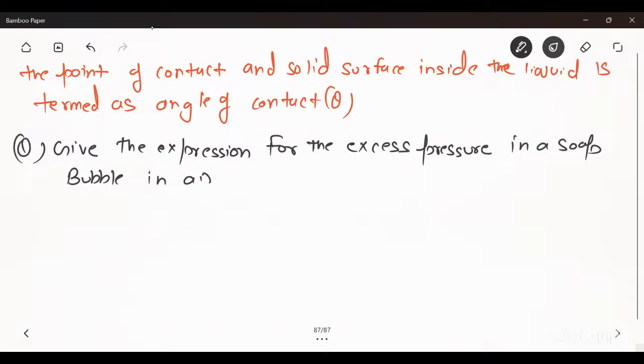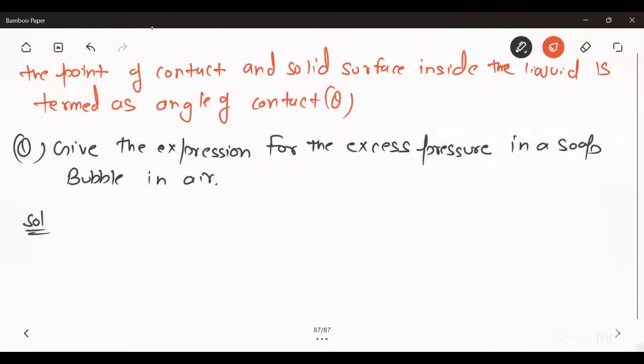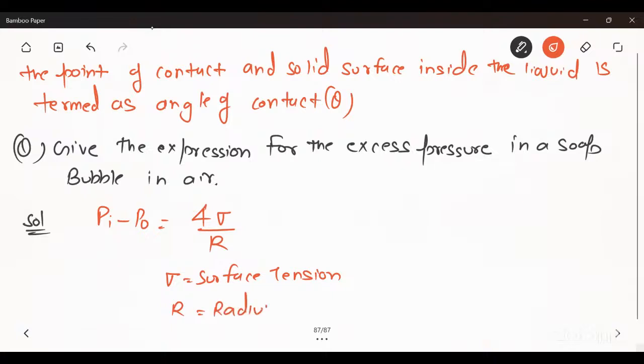So we know that only the soap bubble has excess pressure 4 times sigma upon r. So P inside minus P outside for the soap bubble is 4 times sigma upon r, where sigma is surface tension and r is the radius. Now come to the next question.